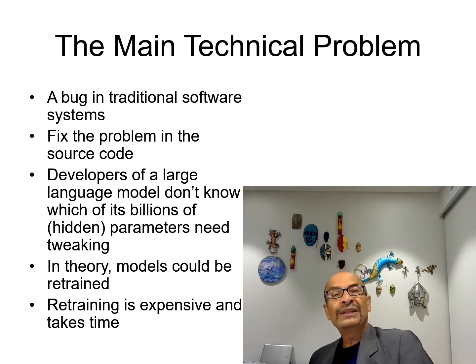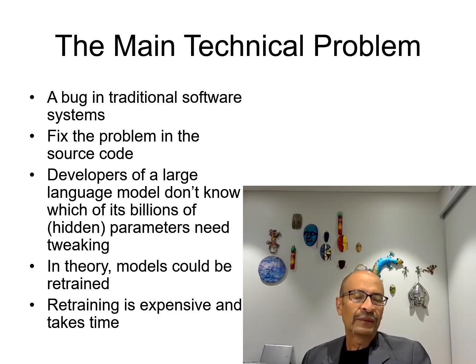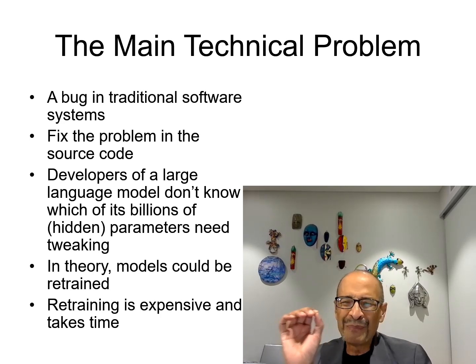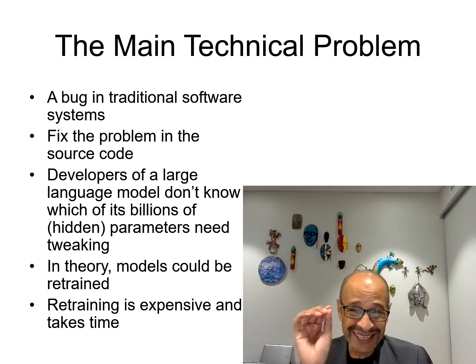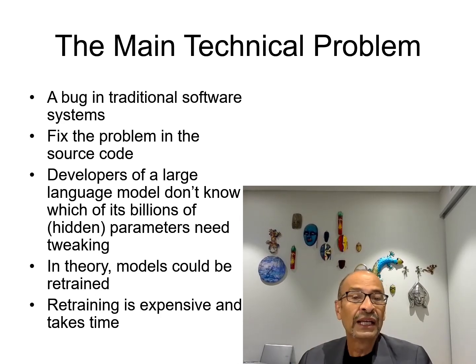So what is the main technical problem here? The main technical problem is this. What you have typically in traditional software is that if you have a bug in your software, you fix the problem in the source code itself. Fair enough. Now, what if you try to do the same sort of thing with a model that large language models are made of?